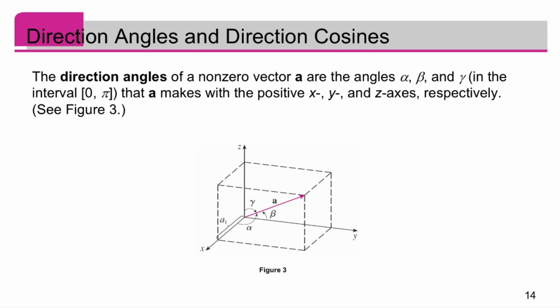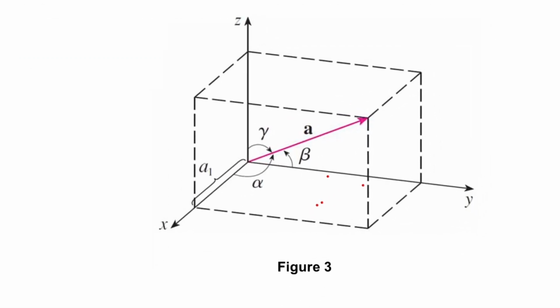And so what I have here is a picture. We have a picture of a vector that's pointing out into quadrant 1, and you'll notice that it doesn't make an angle.